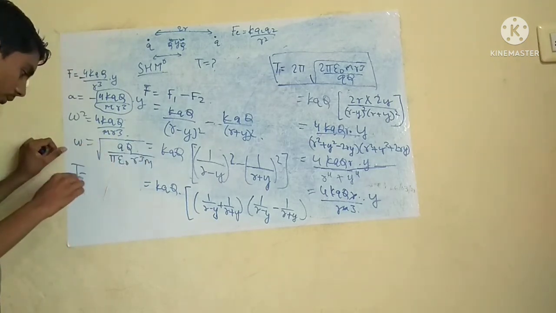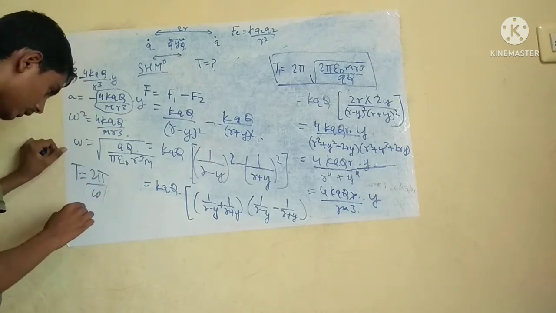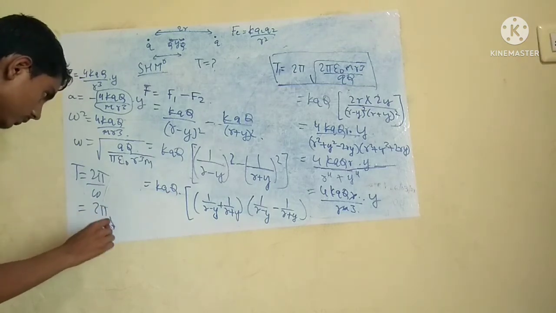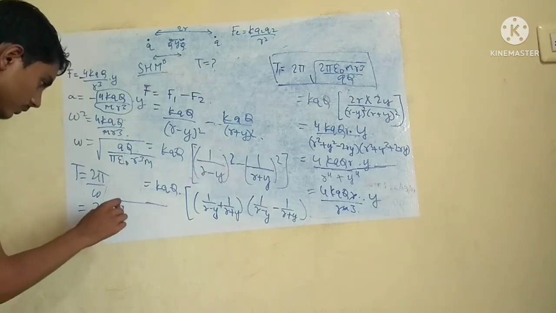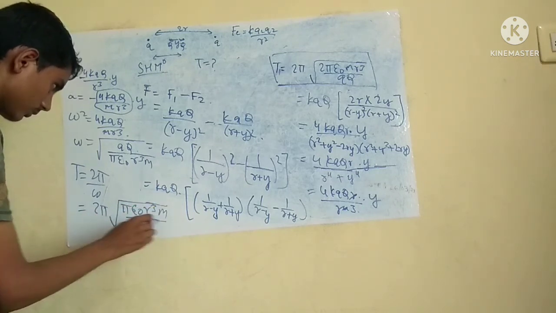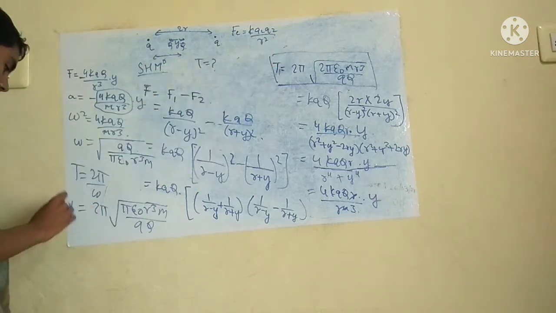Now if you equate this to T equals 2 pi by omega, then you will get the time period formula like this: 2 pi into root of, there you have got like this. Okay.